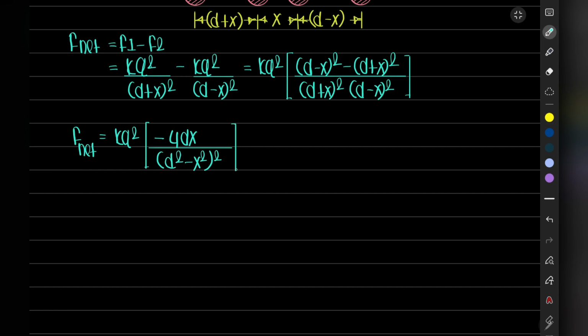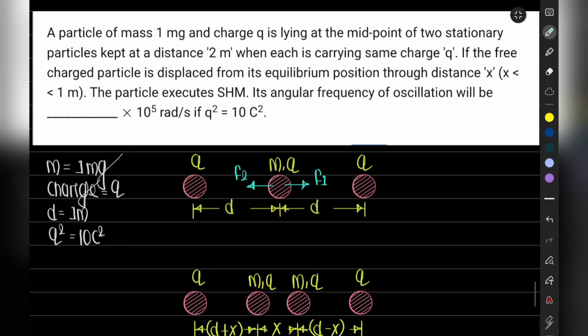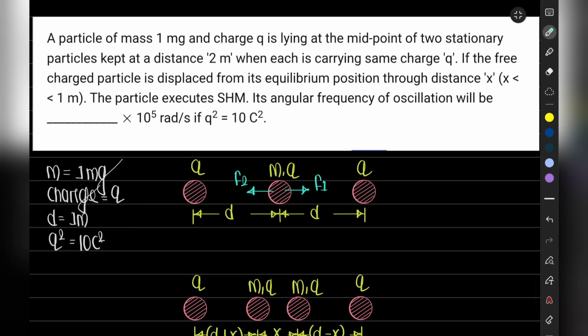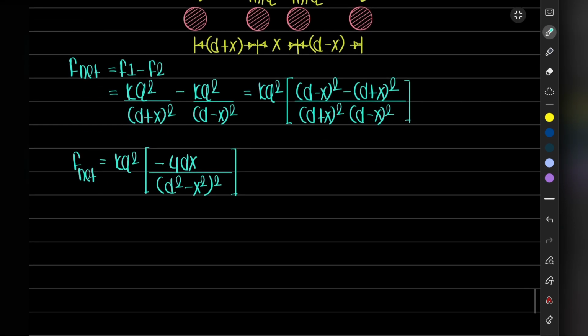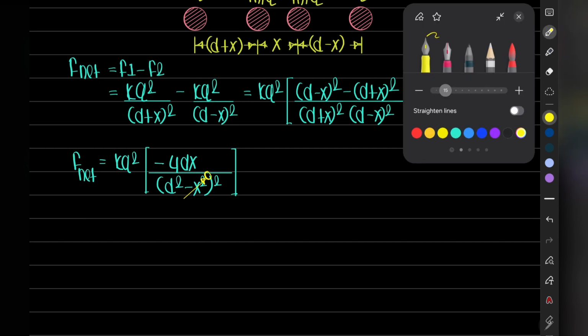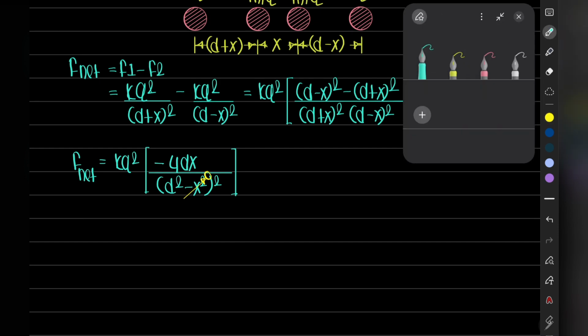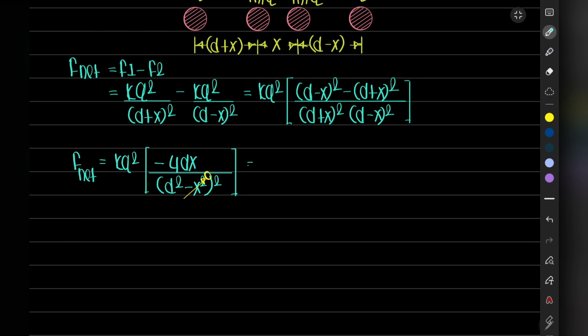Now one more thing, in the question they have given that distance x is very much less than 1 meter, so we can ignore x square, which will almost become 0 because the value is very small. Now it will become 4 d x K q square divided by d to the power 4.